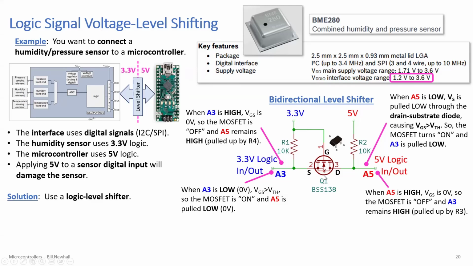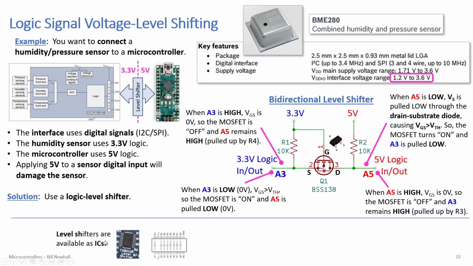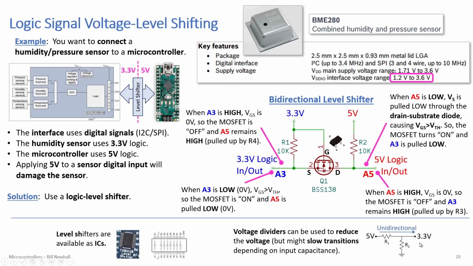So if you want an integrated circuit solution, there are level shifter integrated circuits available like this. It's right here. So that's another way to do it. And if you're only going one direction from high to low, let's suppose you have a 5 volt output and a 3.3 volt input, then you could use a voltage divider to reduce the voltage.